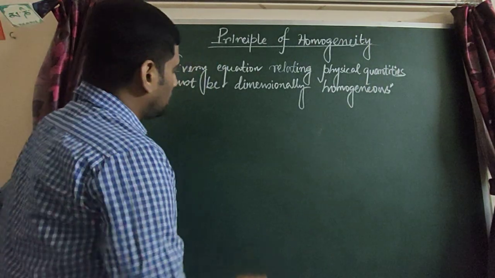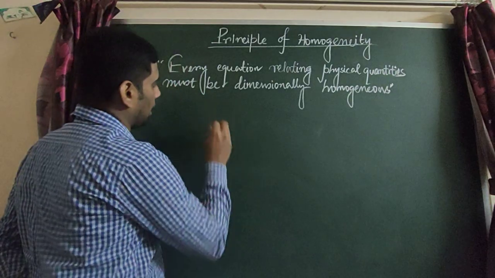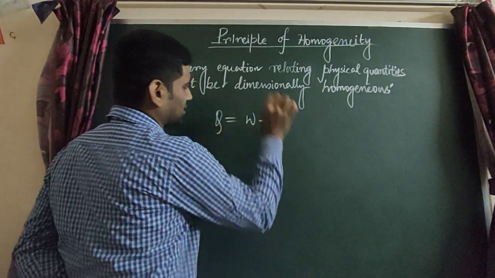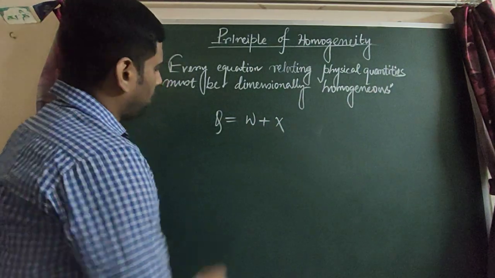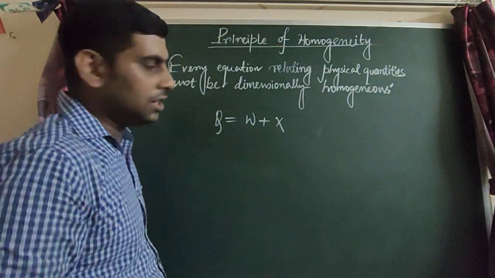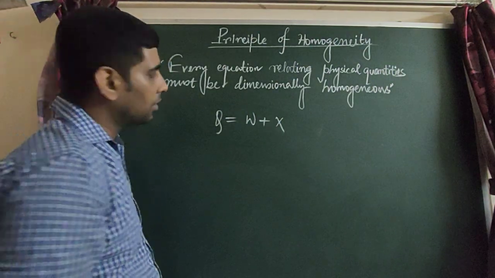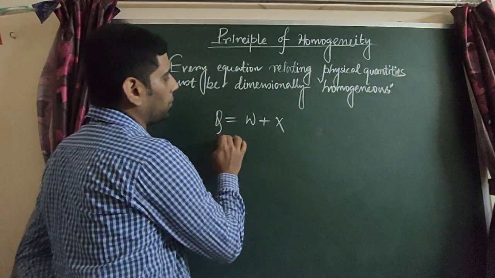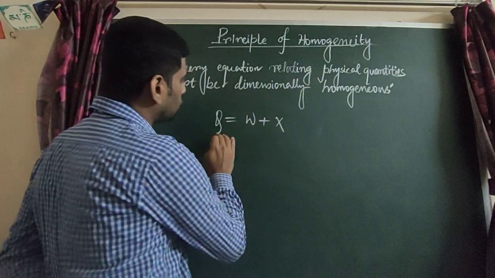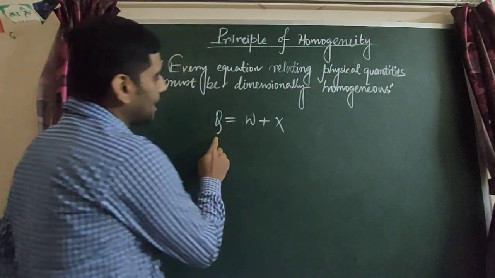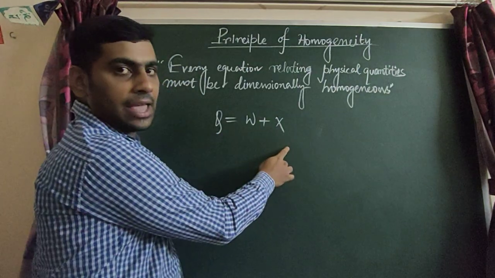Okay, that means if I write the equation q equals w plus x, where q is the heat, w is the work done, and x is some unknown quantity, I know the dimensions of q, w and x must be the same.